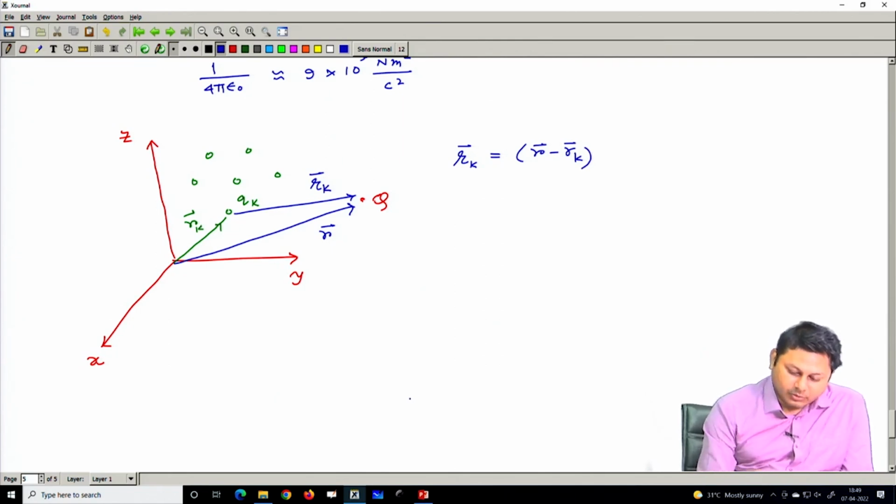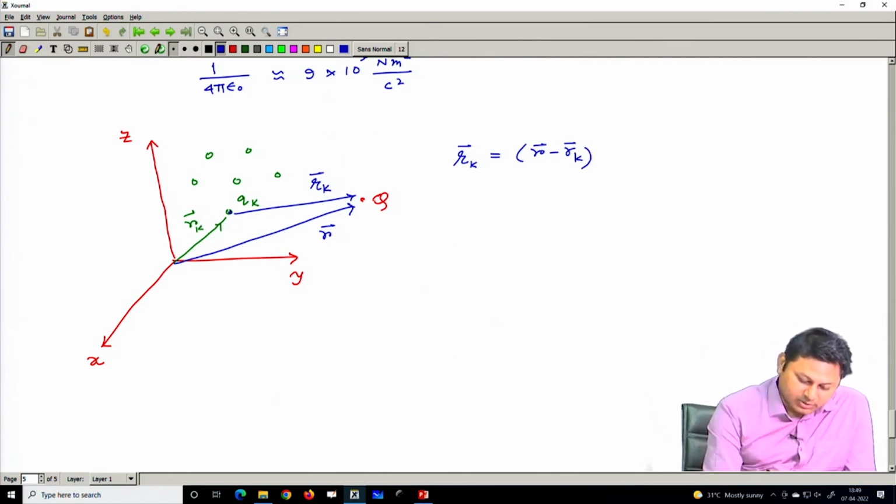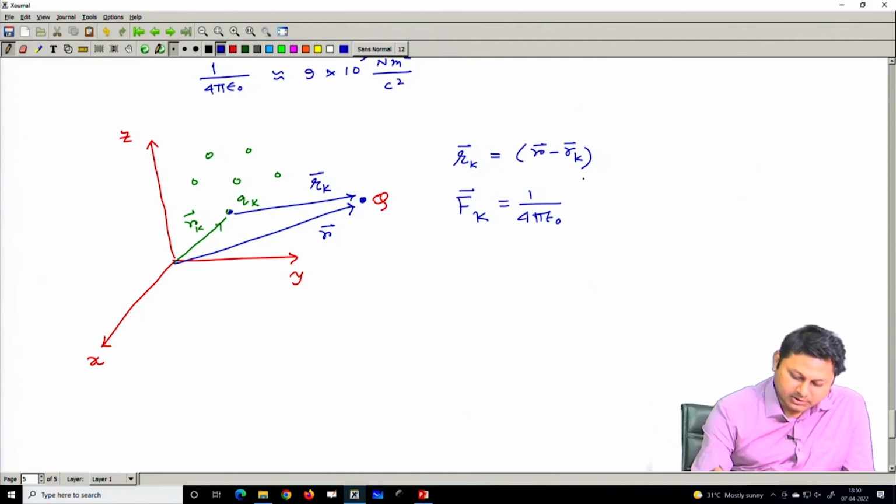So for this particular charge q k, if I want to find the force due to q k, that is why I put a k here, it should be 1 by 4 pi epsilon naught, then q k q divided by curly r k square and then curly r k unit vector.